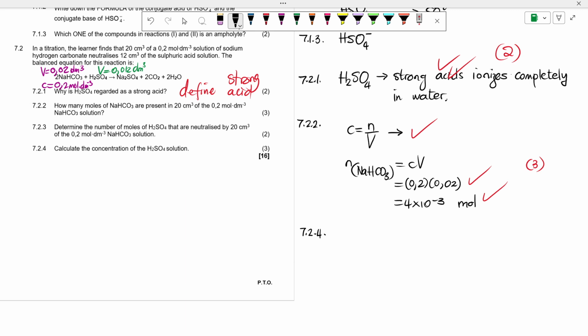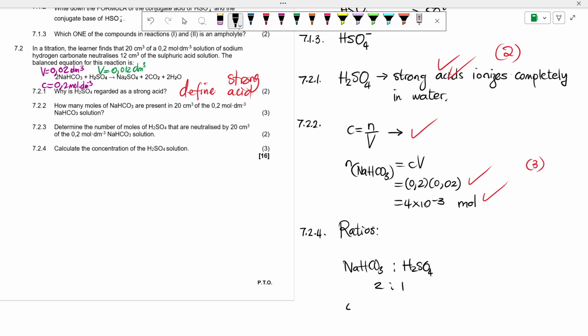By using the ratios. Yes, just go ahead and use ratios. Pretty easy. We get NaHCO3 versus H2SO4. The ratio on the balanced equation is 2:1.